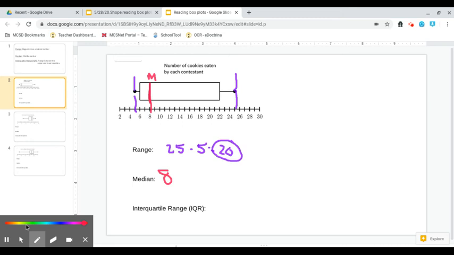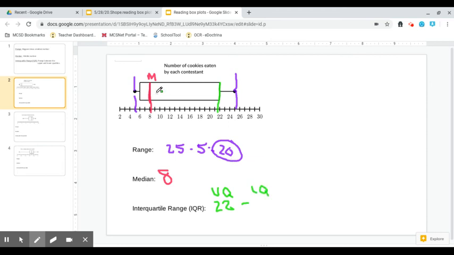Okay, so let's look at, we'll get some green here. We want to know the interquartile range. These are the edges of the box. So this is the upper quartile, which is 22. So this is the upper quartile minus the lower quartile.